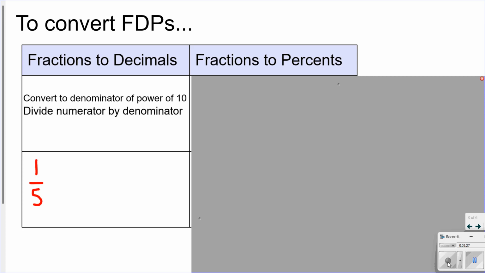So first we have an example of 1/5. The denominator is 5. We can get that to a power of 10, right? We could convert that into 2/10, and we can write 2/10 like this, okay?